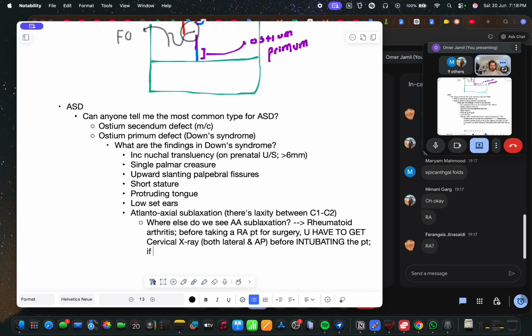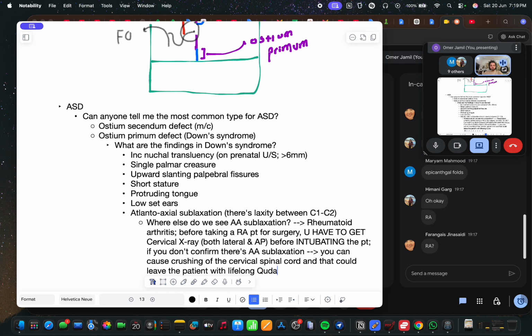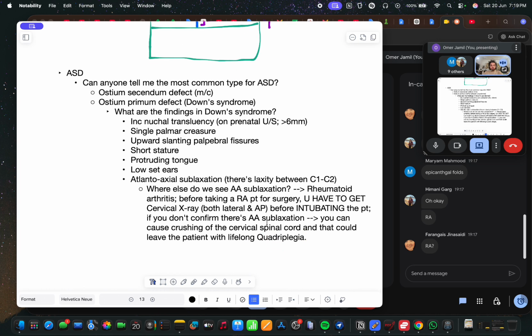If you don't confirm there's atlantoaxial subluxation, you can crush the cervical spinal cord, and that could leave the patient with lifelong quadriplegia. Extremely important. The same is true with a Down syndrome patient.